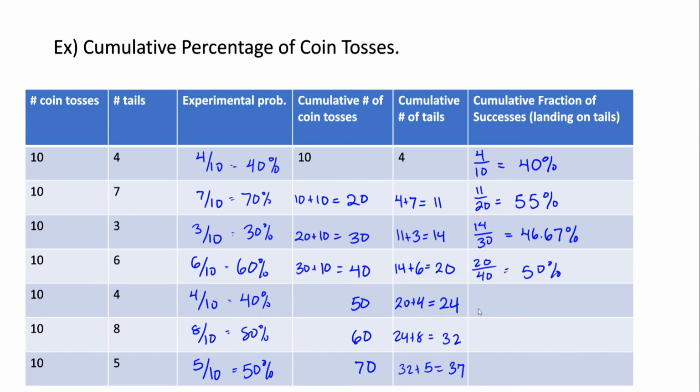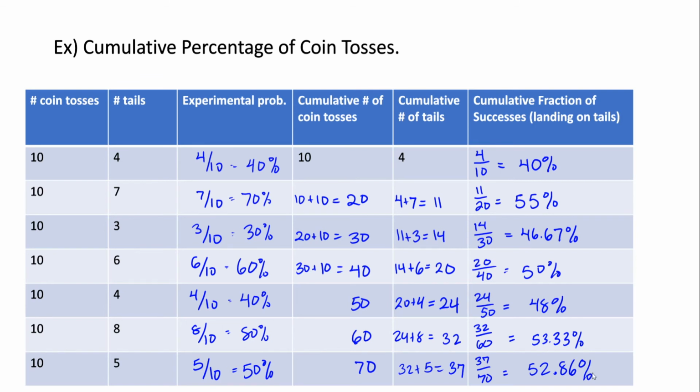We flip the coin 10 more times again, we end up at 24 out of 50, or 48%. Then we get to 32 out of 60, 53.33%. Then we get to 37 out of 70, or 52.86%.